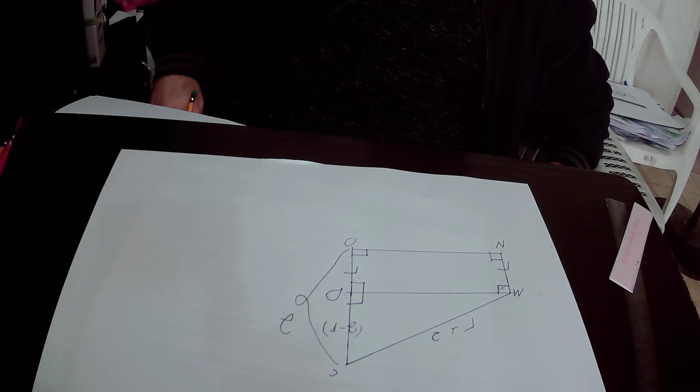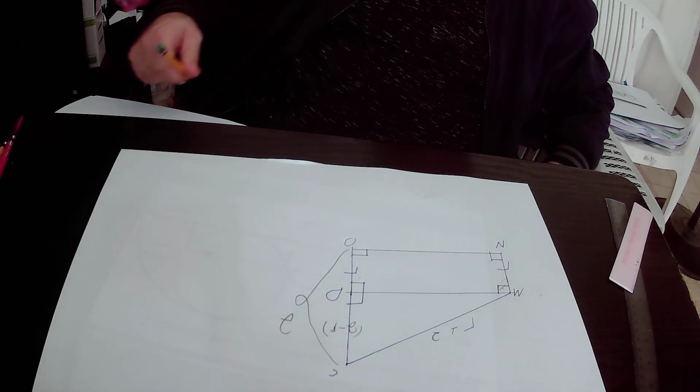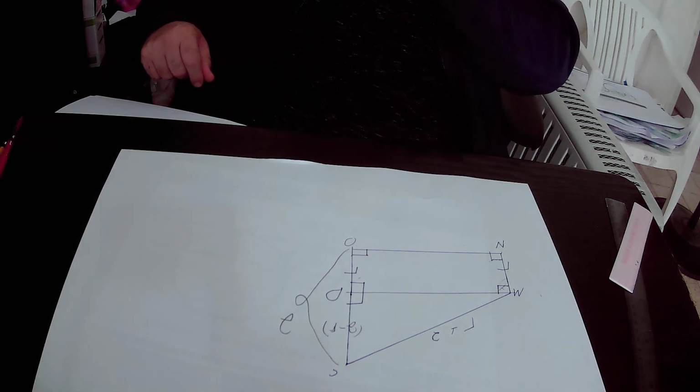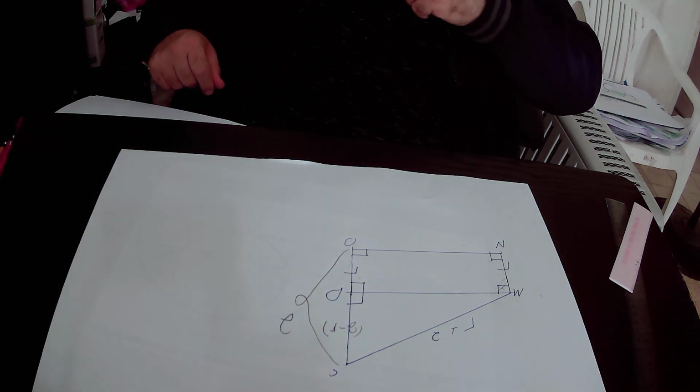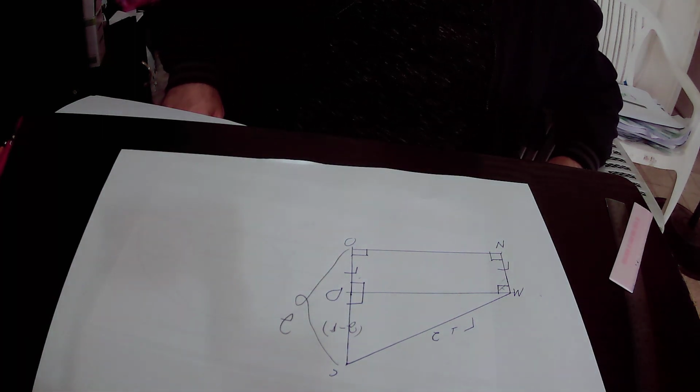So here we will focus on the right triangle, triangle MDC. And on the right triangle MDC, according to the Pythagoras theorem, the square of the hypotenuse equals the sum of the squares of the perpendiculars.